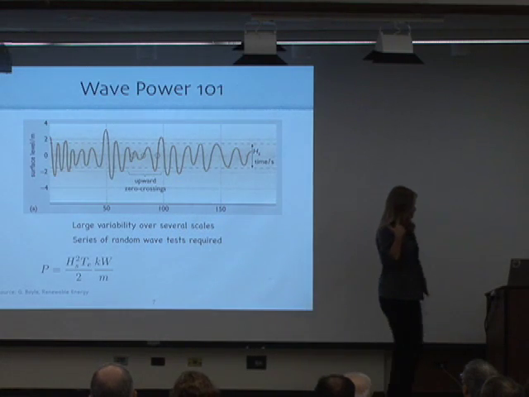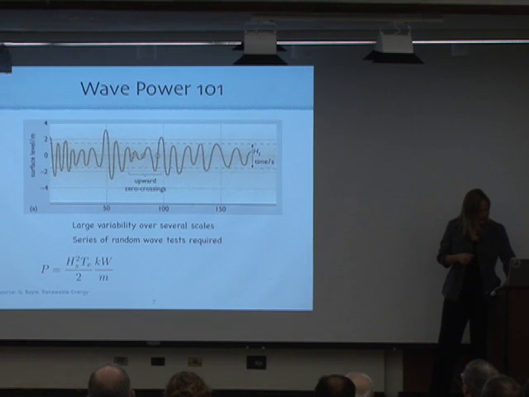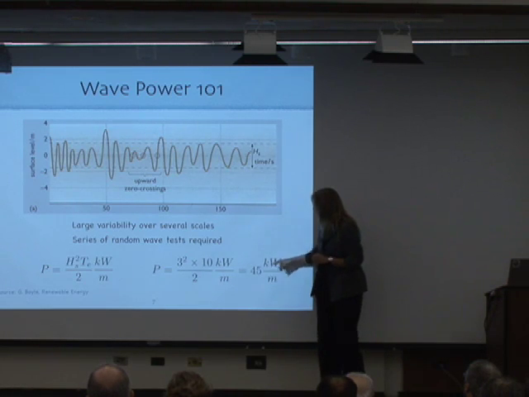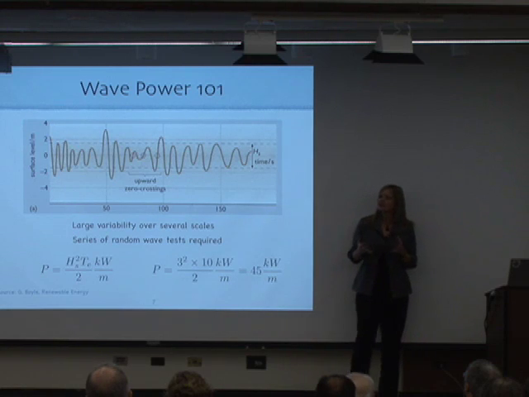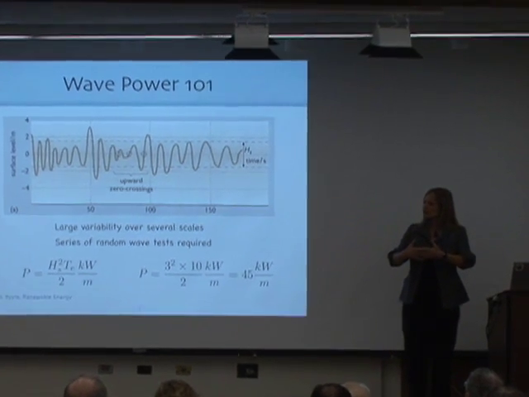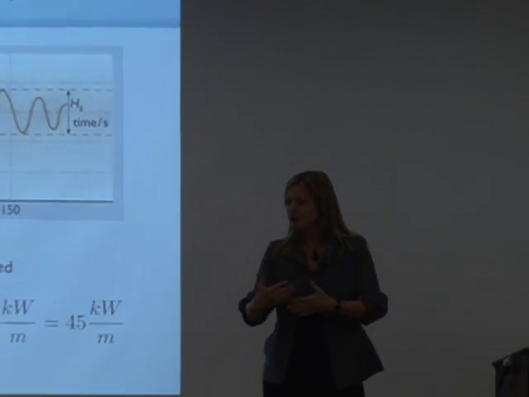So in this particular example, where HS is about 3 and the upward zero crossing is about 10, we would have about 45 kilowatts per meter contained in this, okay? So this is the total energy, and of course if you put an energy device in this wave, you will not get that much energy out of it, but that is what the energy density would be.